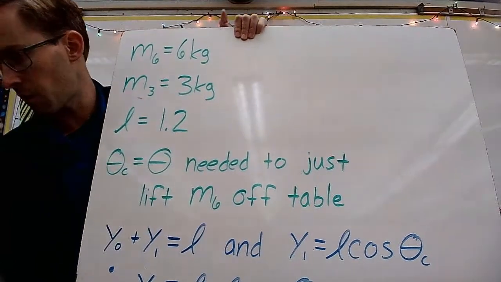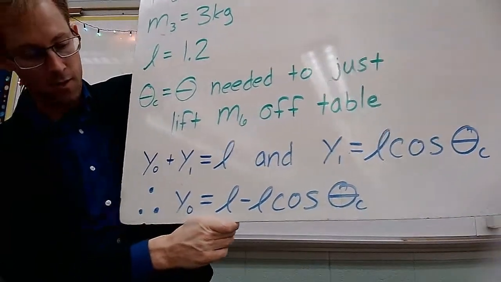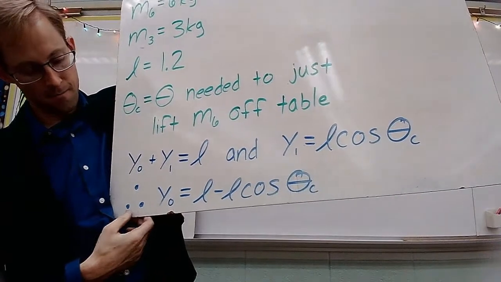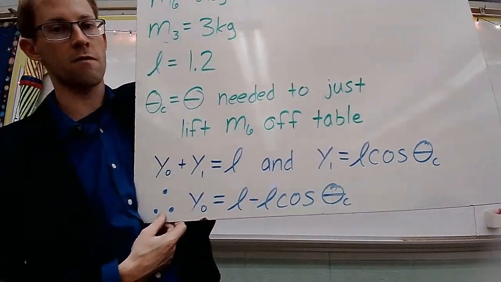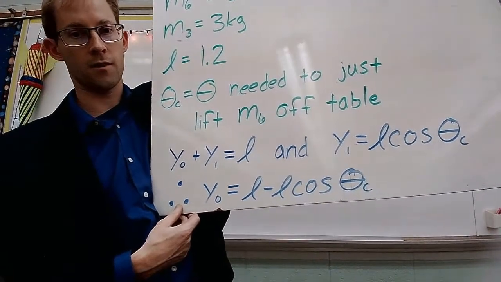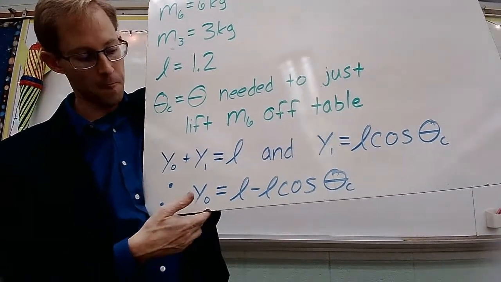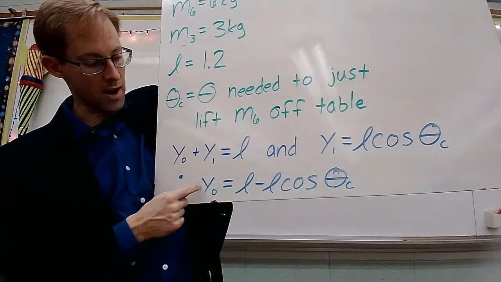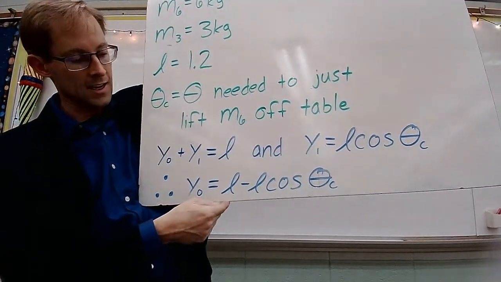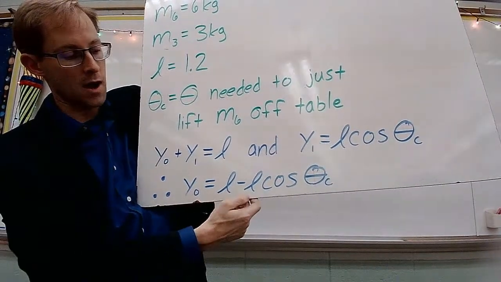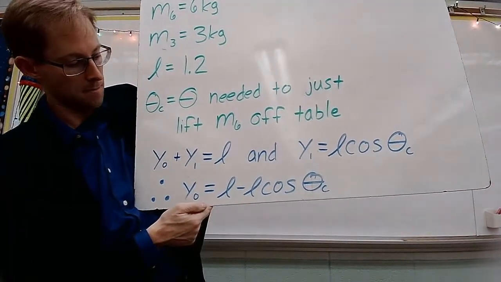Now on the bottom here, you have to lift up. This little symbol here, if you're ever looking for a short way to say therefore, that means therefore, a little triangle of dots. Therefore, y0, that original height that it is off the ground, is equal to L minus L cosine theta c.